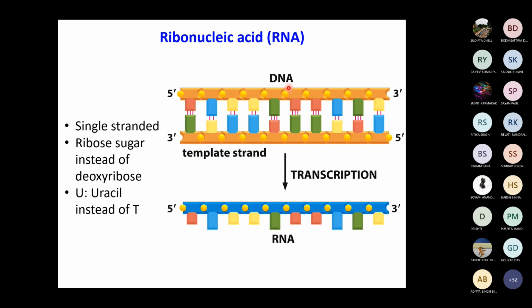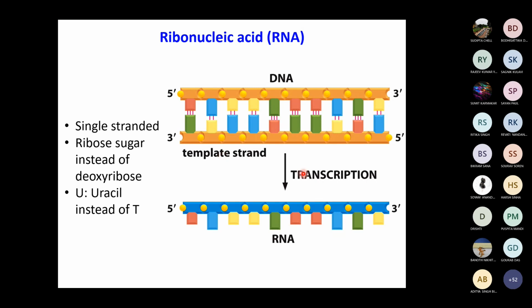In DNA we have deoxyribose, and in RNA we have ribose. And among the nitrogenous bases, in DNA we have thymine, which is represented by T, but in RNA we have uracil and no thymine. So uracil is replacing thymine in RNA.